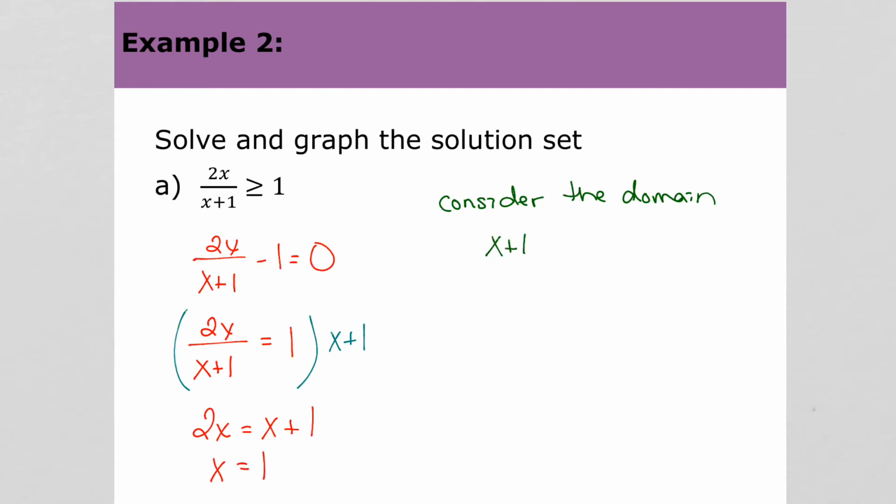So we have to set x plus 1 equal to 0 and see that x cannot be equal to -1 on the bottom of our function. Okay. So, when we draw our graph, we've got to take into account -1 and 1 both.